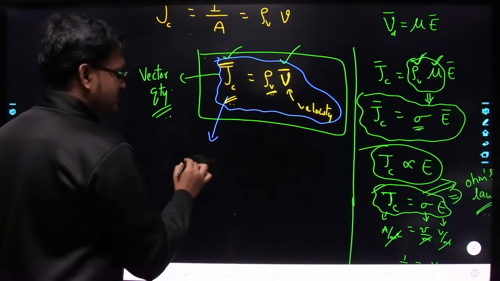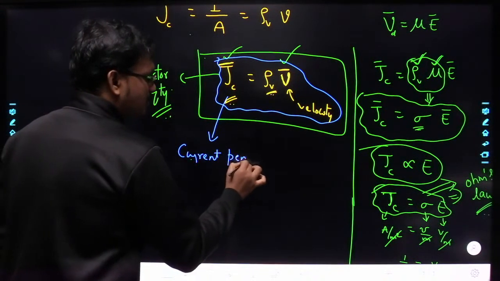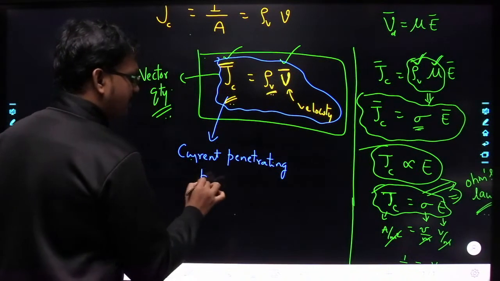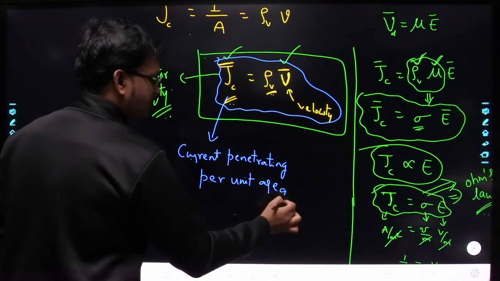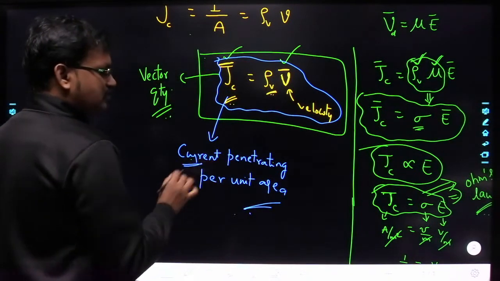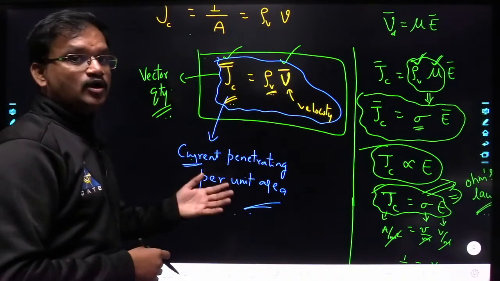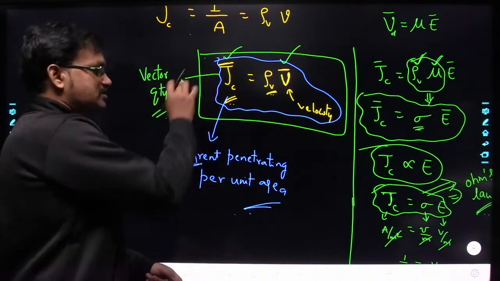So Jc bar is going to give you the current penetrating per unit area.